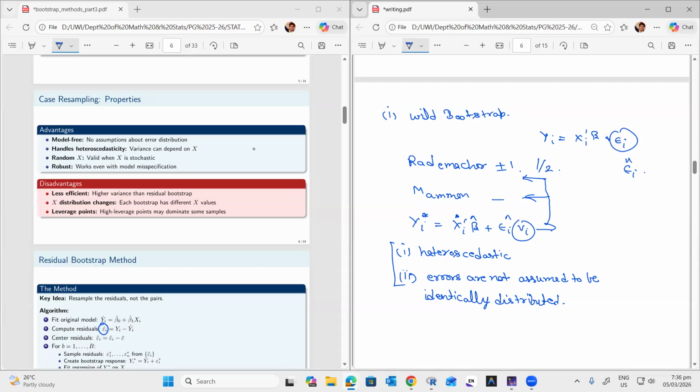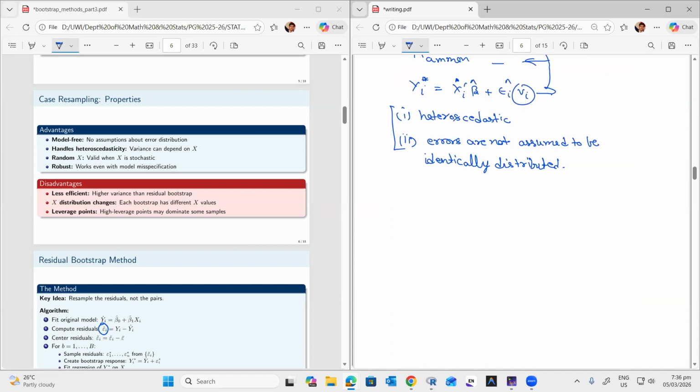Another method that we have is the parametric bootstrap, which we already discussed earlier. In that one, we assume a parametric form of the error, either normal or student t.